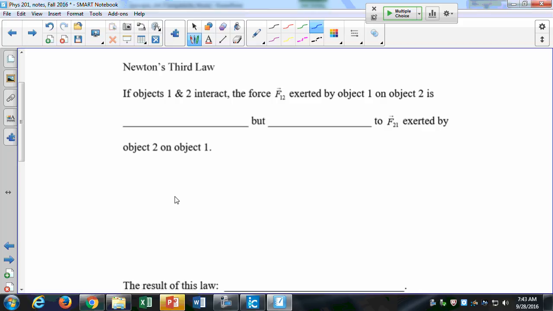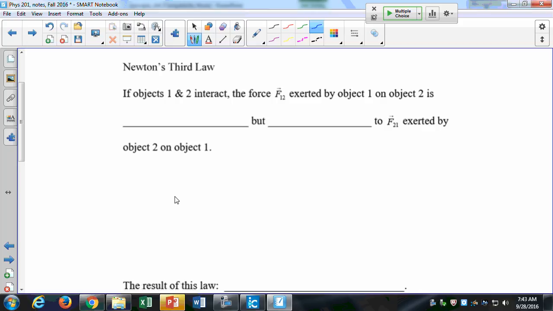Now let's move right on to Newton's 3rd law. So just to recap, we have Newton's 1st law, which is often called the law of, what's it called? The law of inertia. Remember, inertia is a measure of a material that's dependent upon its mass. The mass measures inertia, that describes how easily it moves.